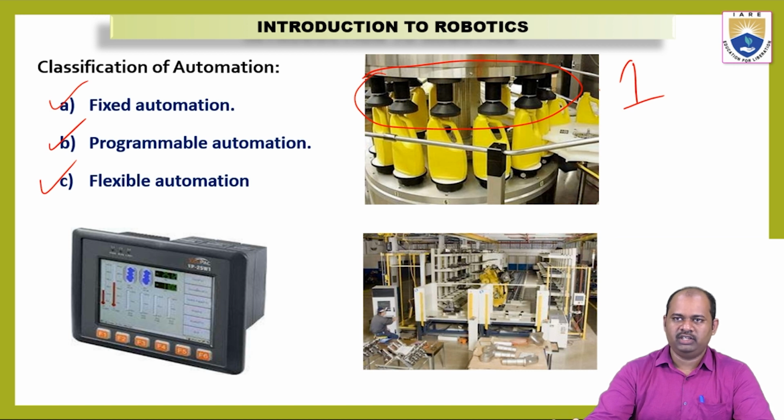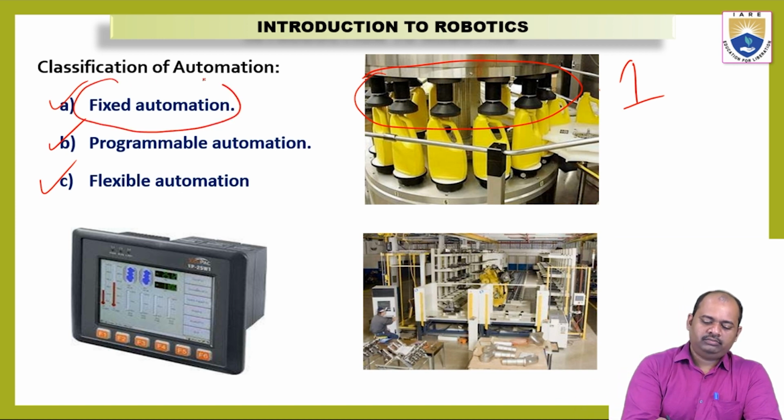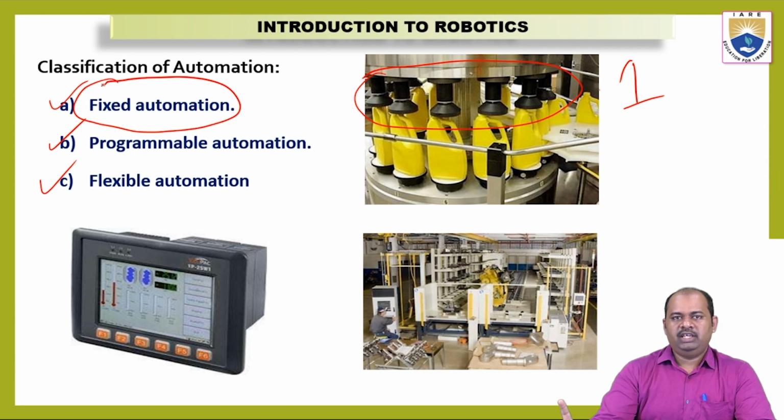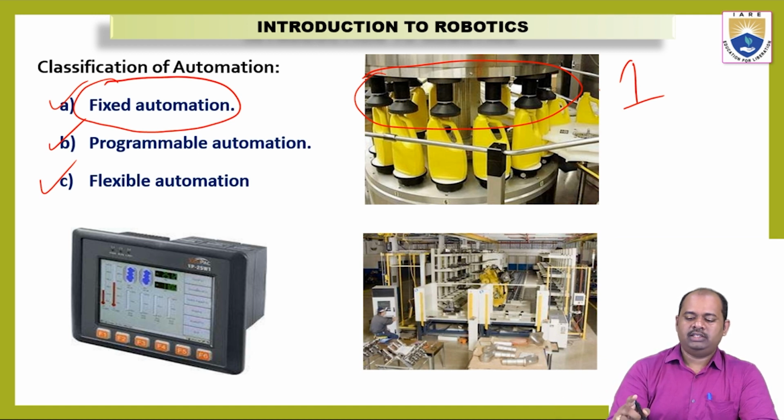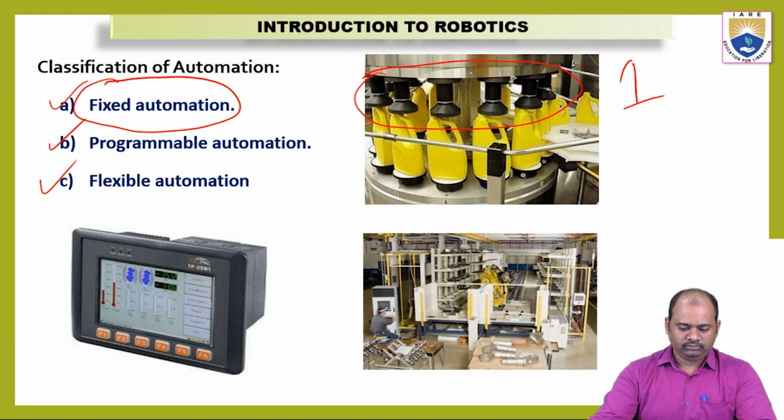There is only a fixed function and it has to work all the time based on the same function. So, in fixed automation, we can give an instruction to a machine by which it can work as long as it is not removed or stopped. There is only one function given to this machine. So, this is called fixed automation, where this machine will be working on a single thing.